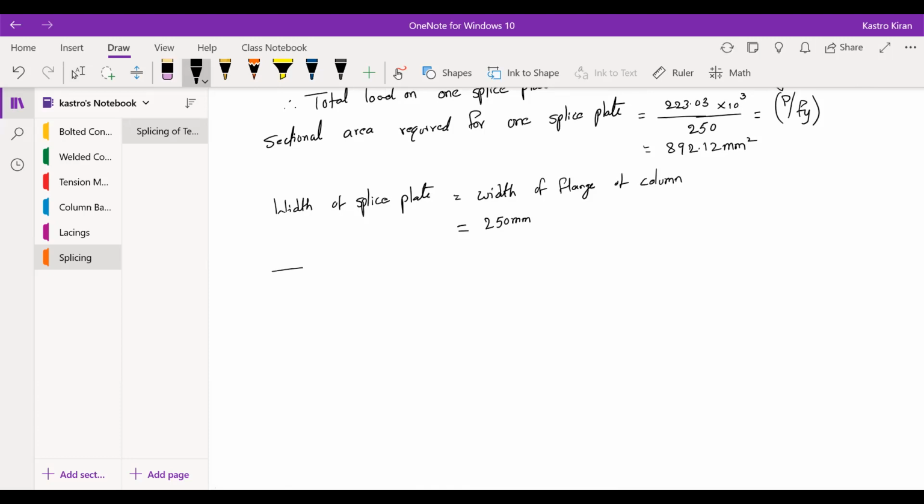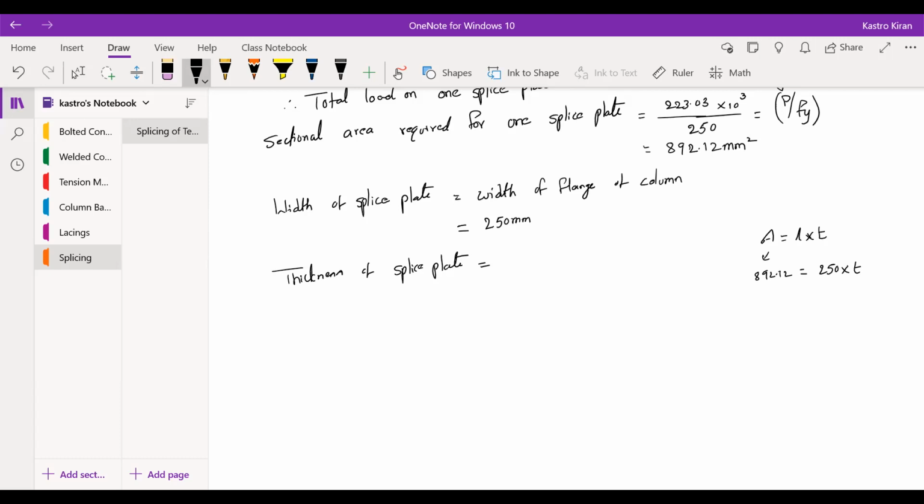Now let's find out the thickness of the splice plate. Okay, so the thickness can be calculated as, we know area equals length into width, or length into thickness. So we know the area value, which is 892.12, and we also know the width, which is 250, into T. So if you solve this one, then you will get the thickness value.